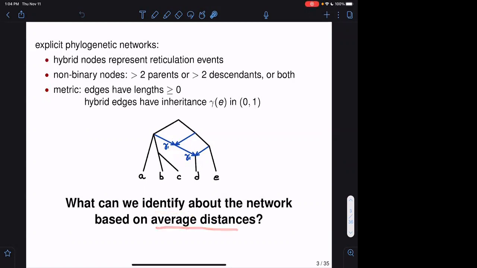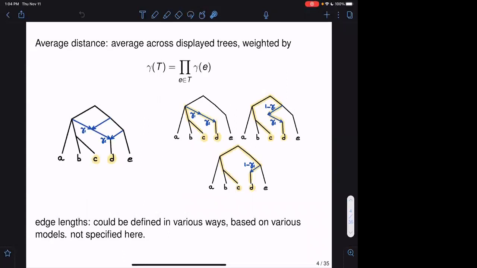Now I'm going to talk about what average distance is. In a network, if I consider 2 leaves, I might be interested in the distance between them. To define this distance, I look at the displayed trees that I can get from the network.